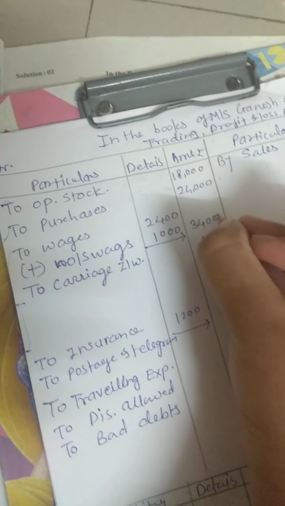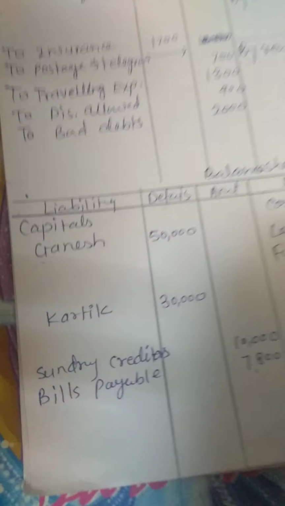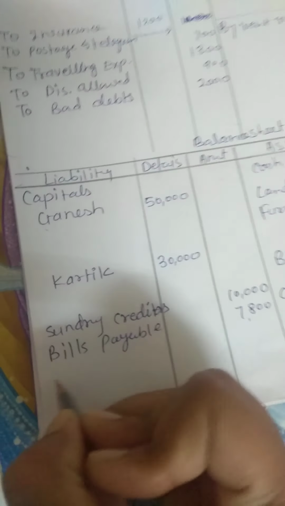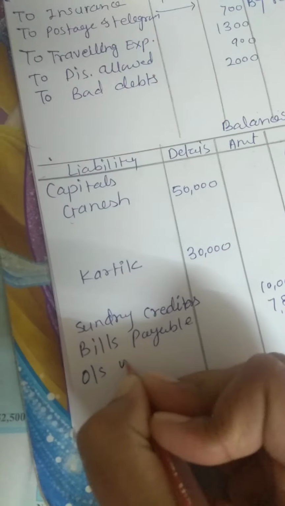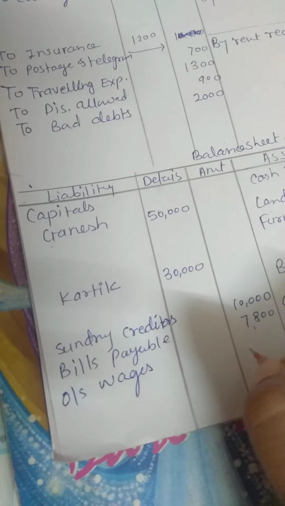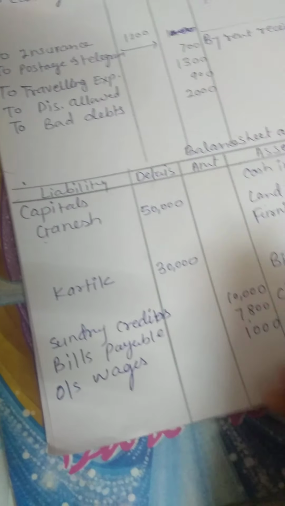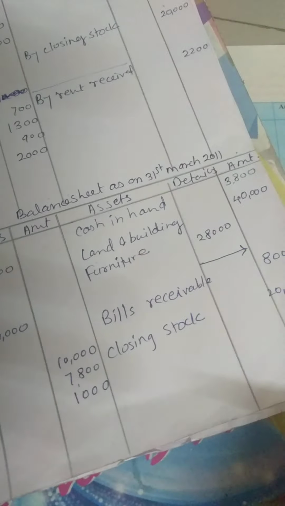So the amount is 3,400 in the outer column, and the second effect goes to outstanding wages, which is the liability of Ganesh and Karthik. So it is recorded on the balance sheet liability side, outstanding wages, same amount 1,000.